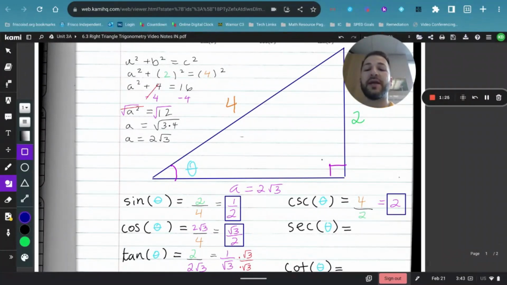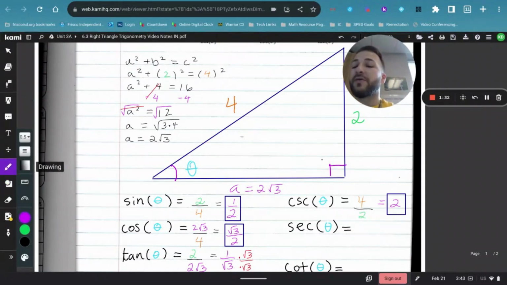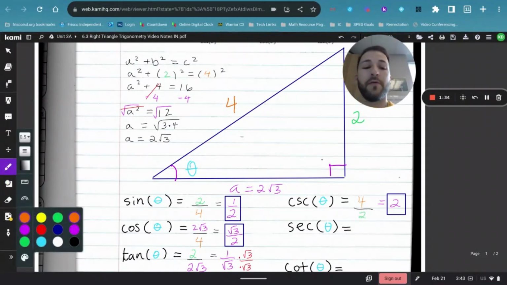So cosine theta is adjacent over hypotenuse, which makes secant theta hypotenuse over adjacent. So instead, this one is now 4 over 2 root 3. Now, just like before, I'm going to reduce this one down. So this will become 2 over square root of 3.